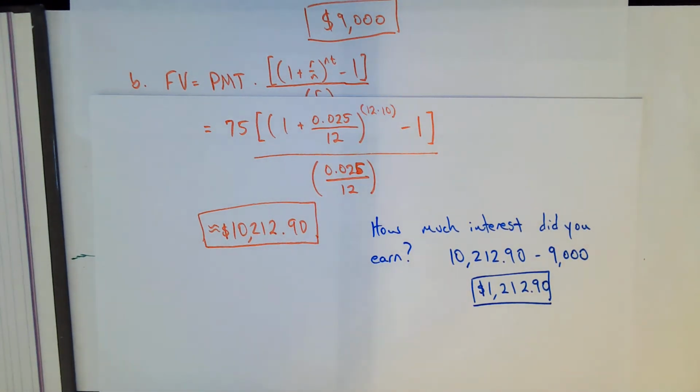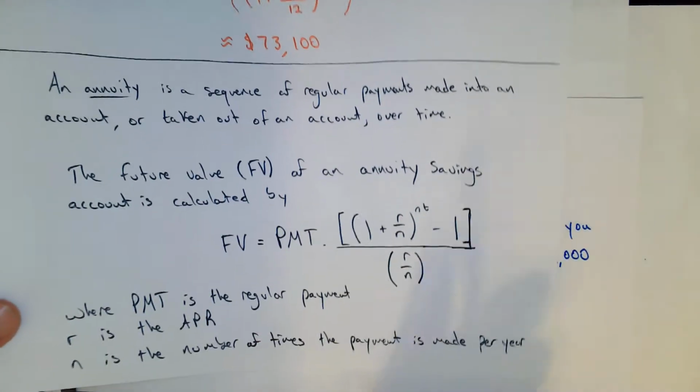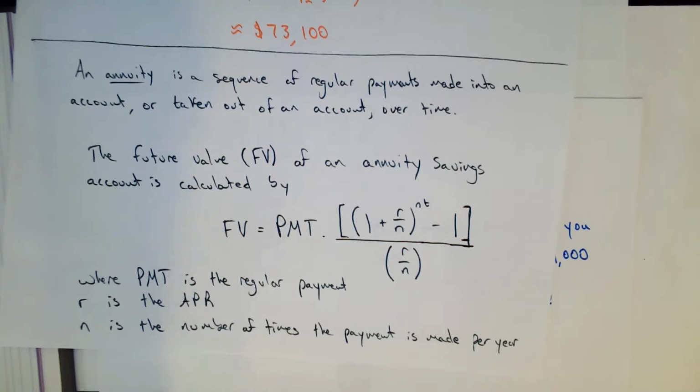I said that I would derive, did I say anything about this for this formula? This formula for future value here, let's not. There's some parts of it that we could make sense of, but let's not take the time to derive it.